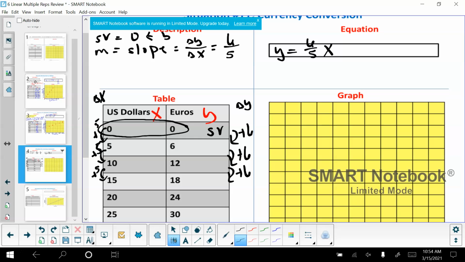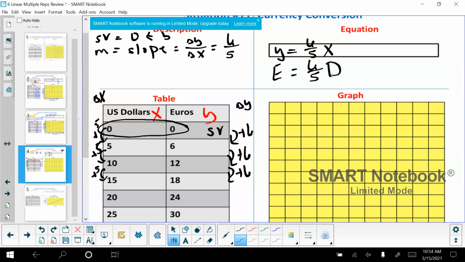Notice that the y is the euros, so instead of y equals, I could say E equals for euros, and I would still have my 6 over 5. And my X is my US dollars, so I could put a D for dollars. So you could do that as well and just use different letters, and it's still the same equation.